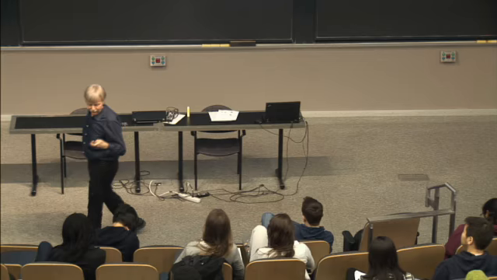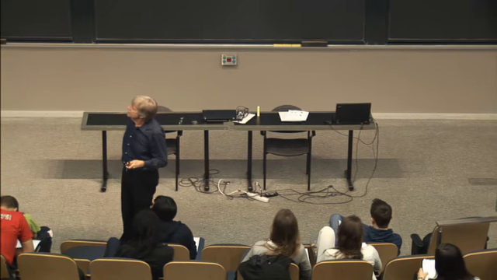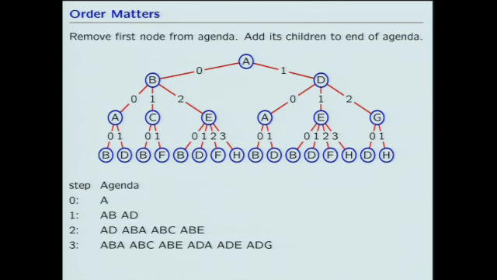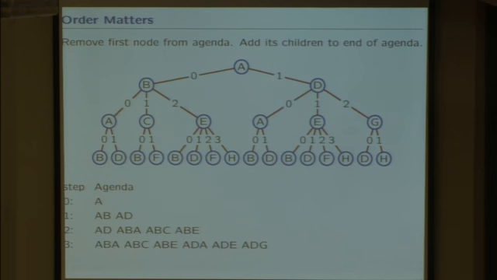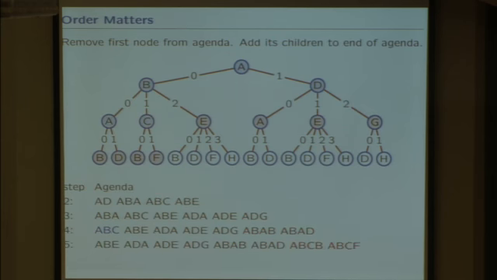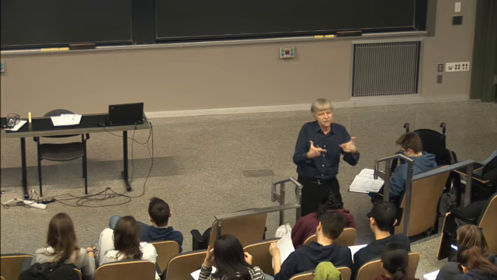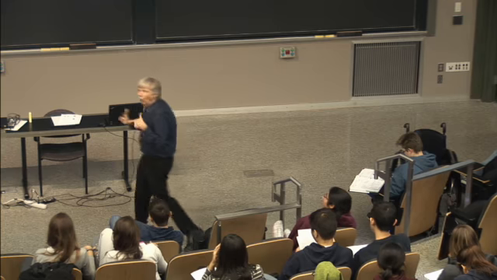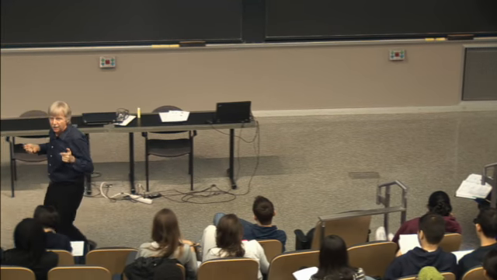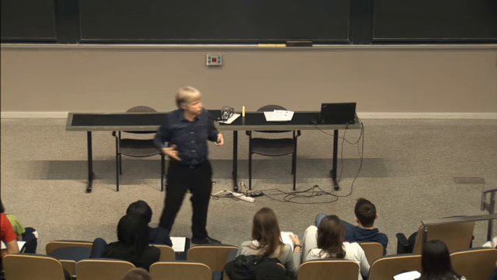The idea being, and now pay no attention to the bottom for a moment, just think about the pattern that you see at the top. So in this order, where we remove the first node and put its children at the end of the agenda, has the effect of exploring breadth first. So we call that a breadth first. So the idea is we've got this generic set of tools that let us construct search trees, but the order by which we manipulate the agenda plays a critical role in how the search is conducted.